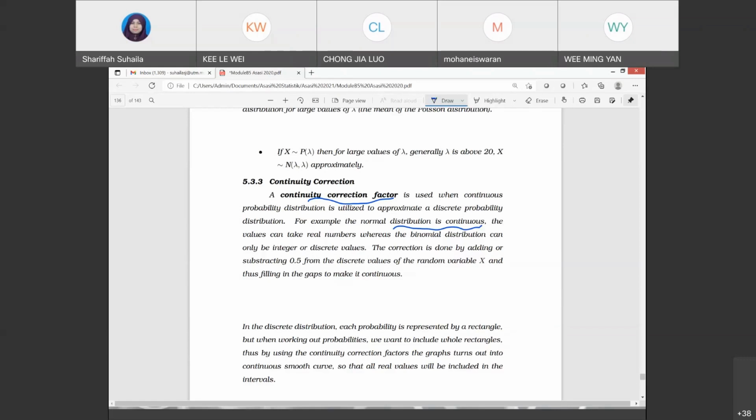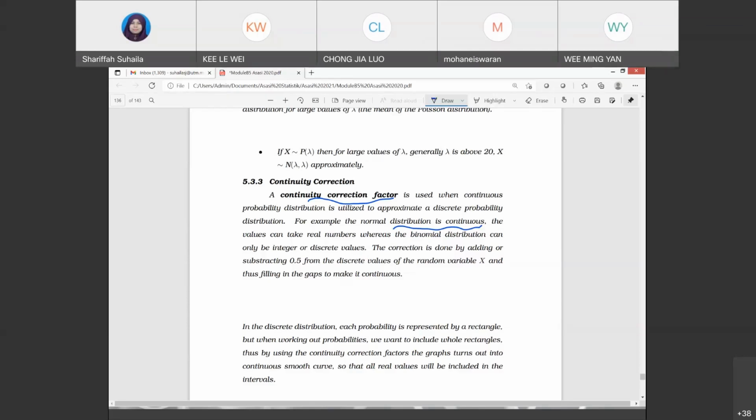So it can take values in terms of intervals, decimal points, fractions. It can take any real number. But binomial only takes discrete values or integers, either 0, 1, 2, 3, and so on. So that's why we need a correction factor.